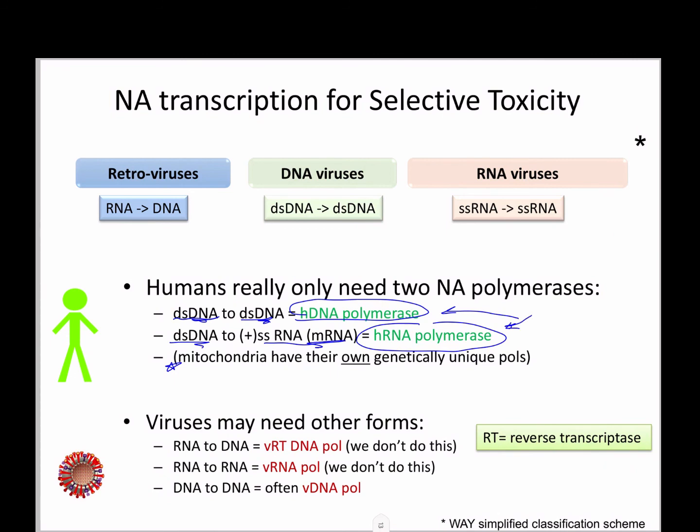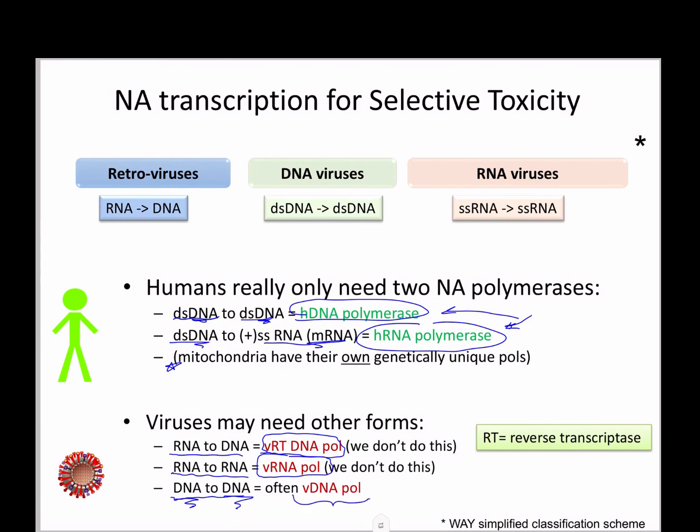But because viruses had these different nucleic acids they came with, they're going to need different forms. So these RNA to DNA viruses needed reverse transcriptase DNA polymerase, and we never do that, so that's a great drug target. Some viruses are going to go RNA to RNA, so that RNA polymerase is a great drug target. And then some go DNA to DNA. And although we do also have DNA-dependent DNA polymerases, they're often using their own version.